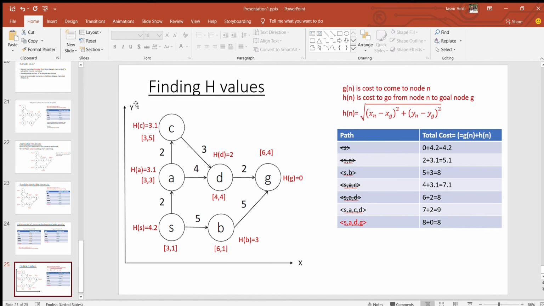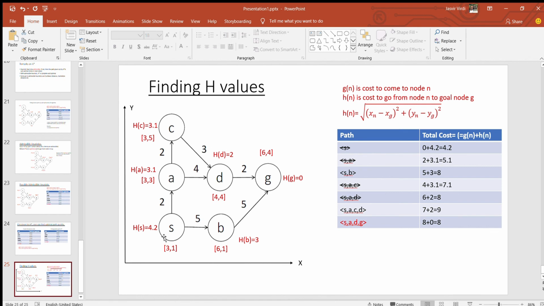So for instance, in this particular case, suppose you are given the position coordinates of the start node, A node, C node, D node, B node, and G node on this XY graph. You can imagine this is a network of different cities and you are given these GPS coordinates. Now, can you find the heuristic H value?